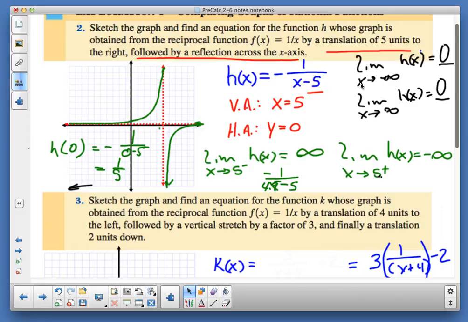So the green is telling me what my graph is going to behave like around the vertical asymptotes. The black tells me what's going to happen around the horizontal asymptotes. This is my horizontal asymptote. This is about my vertical asymptotes.